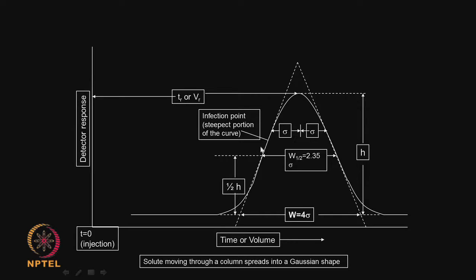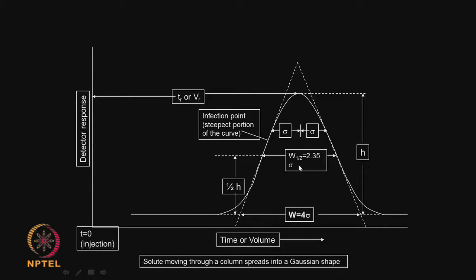You draw a tangent at the steepest portion on one side, you draw another tangent on the other side, and you take this. This is called the width at the base. This is called the height, okay. Half width is at half of the height. Now, if you have h here, you take half h, this is the half height, okay.